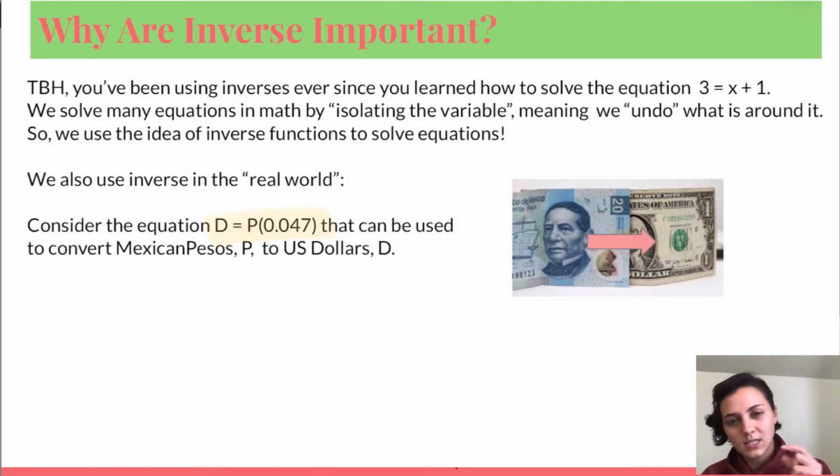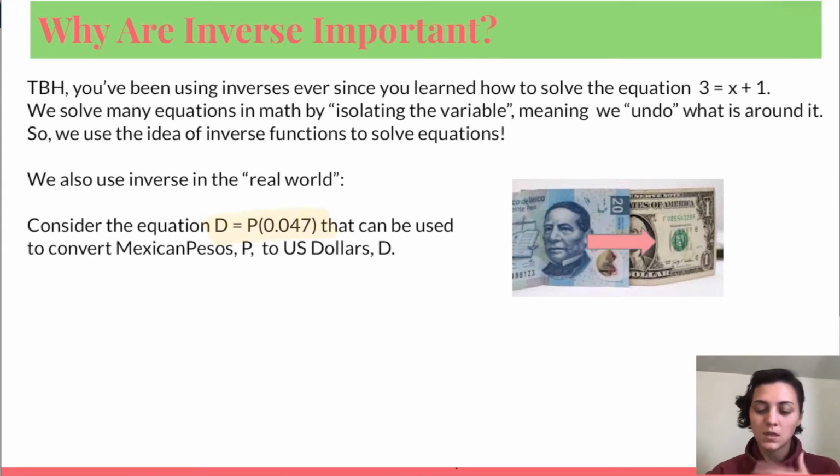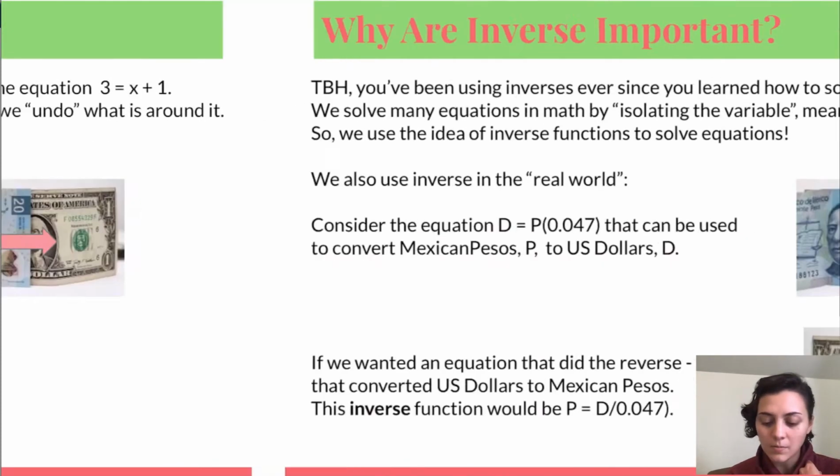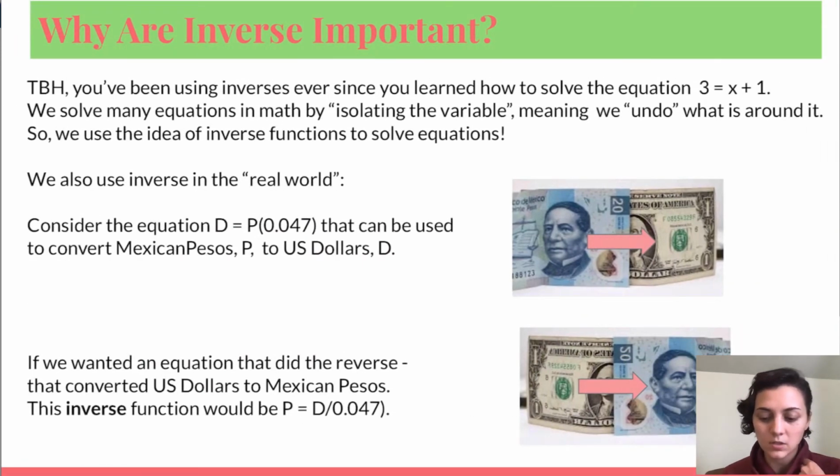Okay, so let's think, if I have this equation, what if I go back to Mexico and then I have all these dollars and I want to turn them into pesos? This is where, again, we would use the inverse equation to do the opposite. So now I have dollars I want to turn to pesos.